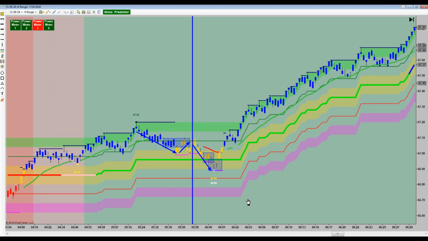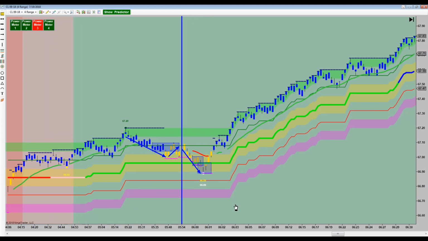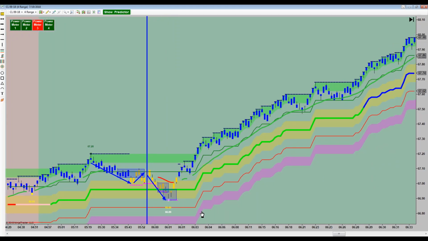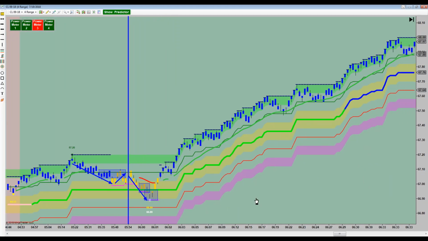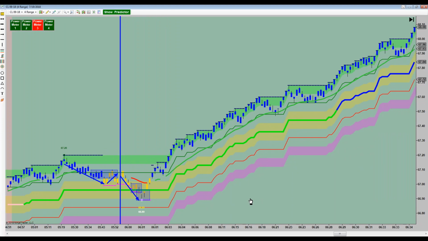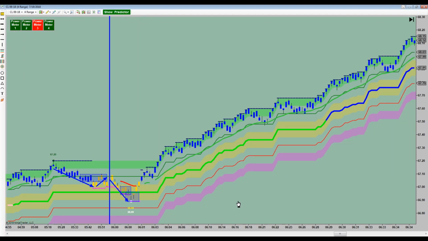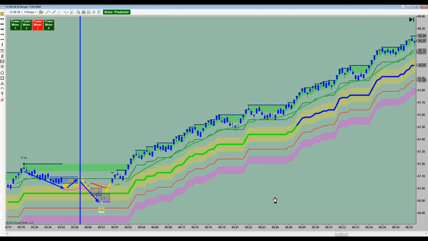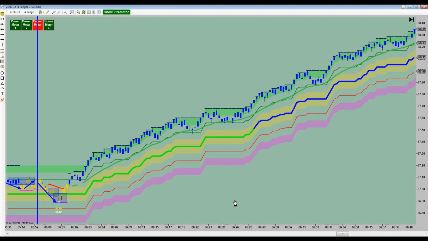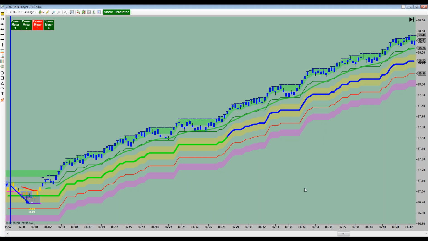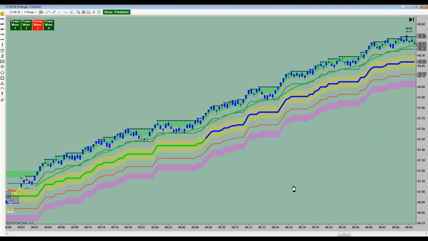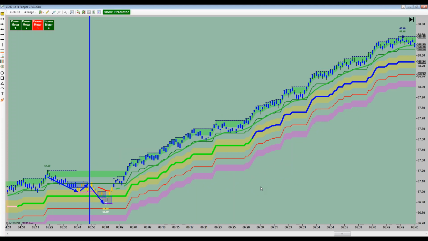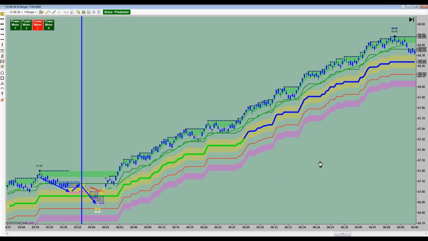In that trade about 25 minutes now. Pushing higher, pushing higher. Still going. 6:33. 6:34. And speed it up. 6:42. Heck of a trade, wasn't it?